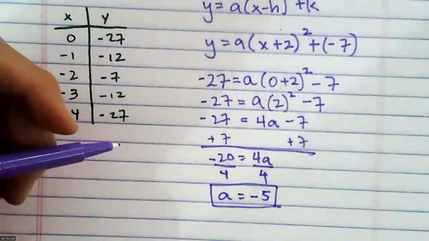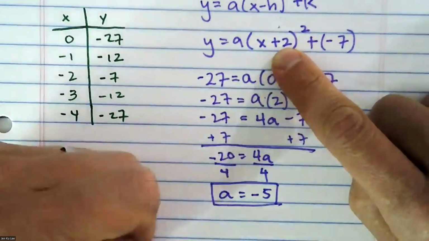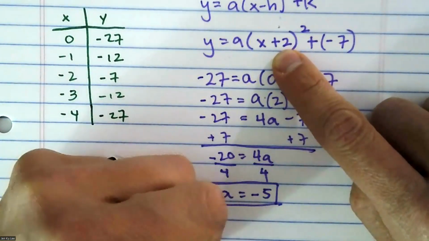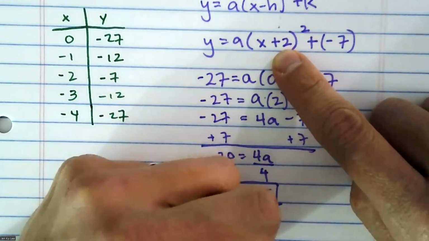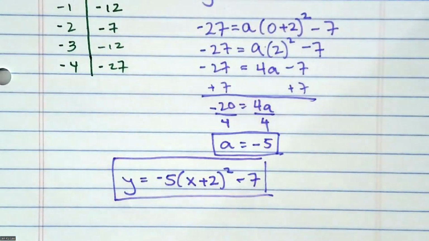If a is negative 5, I'm going to plug it back into here. So y equals negative 5 times (x plus 2) quantity squared, minus 7. That is my vertex form. And then from here, you've got to turn it into standard form, which we already did.